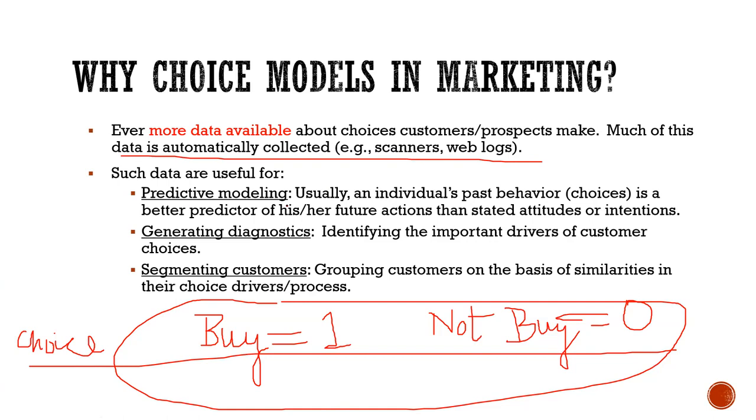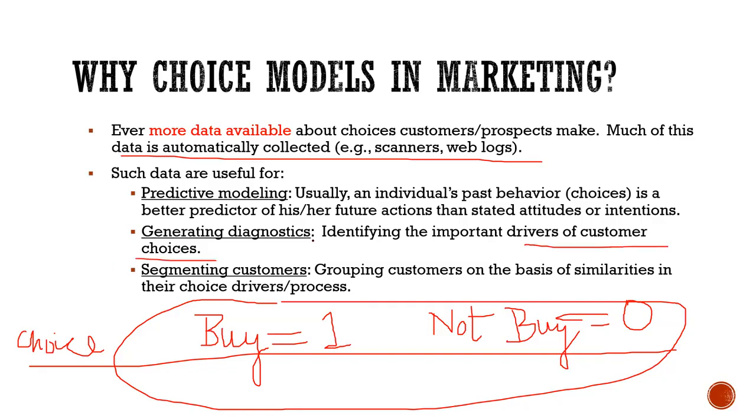For example, you can do predictive modeling to understand how an individual's past choices predict their future actions. That is, what are they more likely to choose in the future when they go to a store based on what they chose in the past. Then it can be used for generating diagnostics, that is, to identify the important drivers that drive these consumer choices.